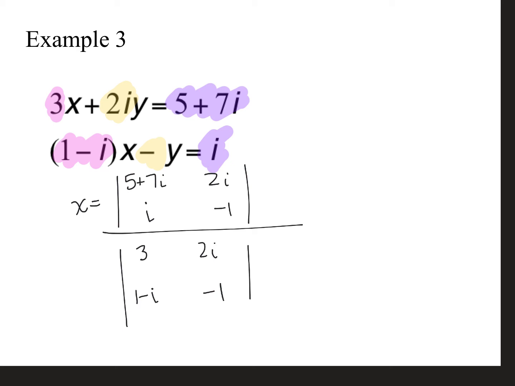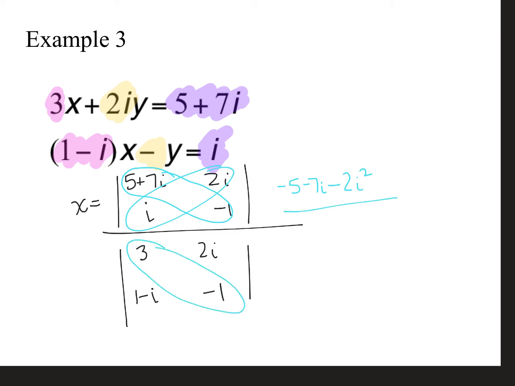So here we go. Starting up on top. This is going to be down when I multiply, minus the up, 2i squared. I'm going to have to simplify that a little, but that's okay. And then the denominator here, this is down minus up.